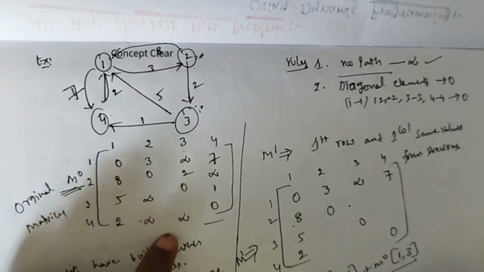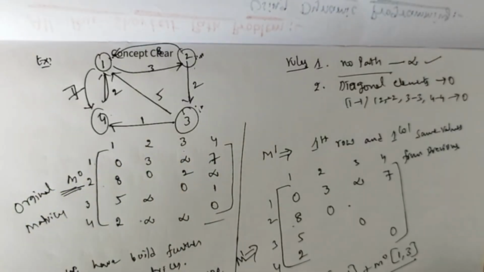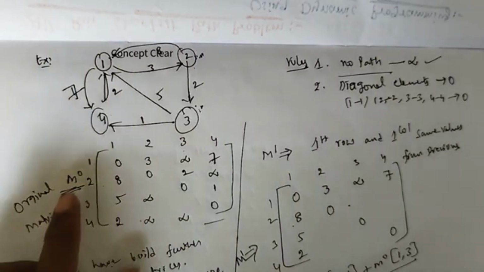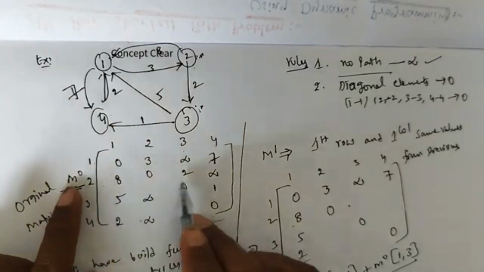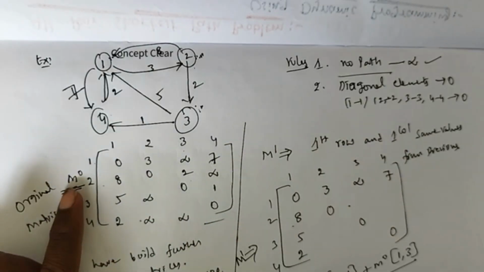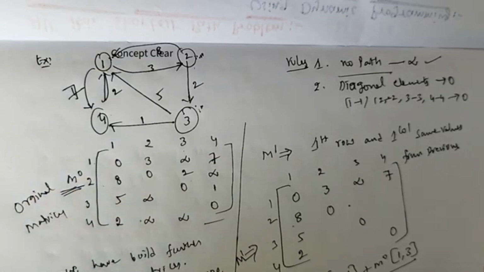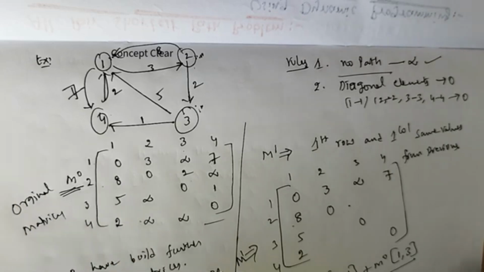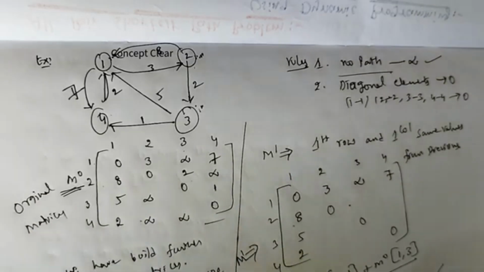If you add these two, what will we get? We get infinity. And what about the M0 value of 2 to 3? It is 2. By comparing, 2 is less than 8 plus infinity. Among these two values, whichever is minimum will be considered.